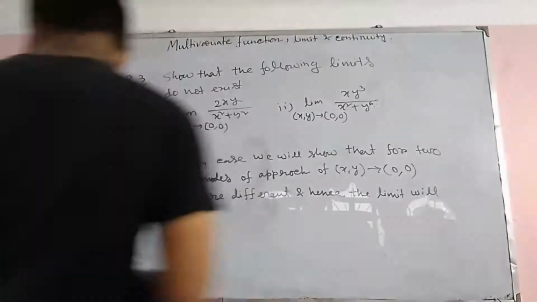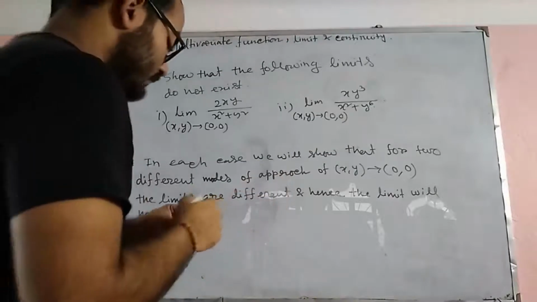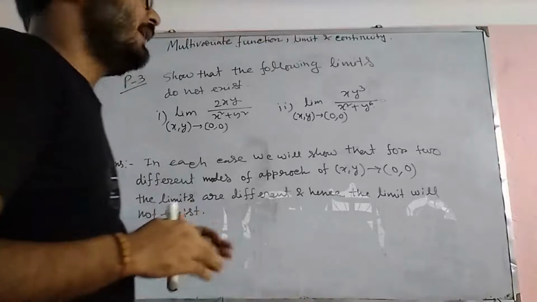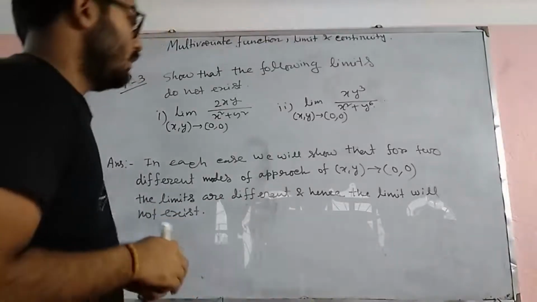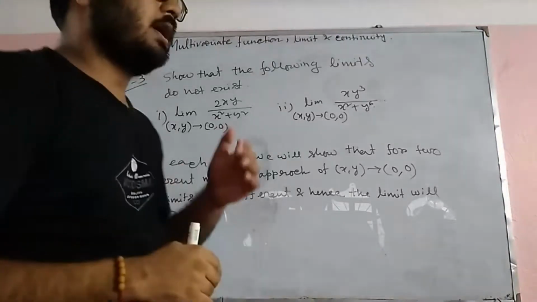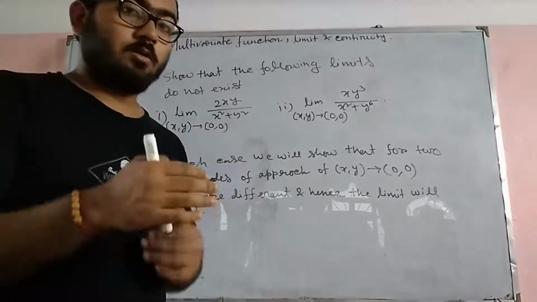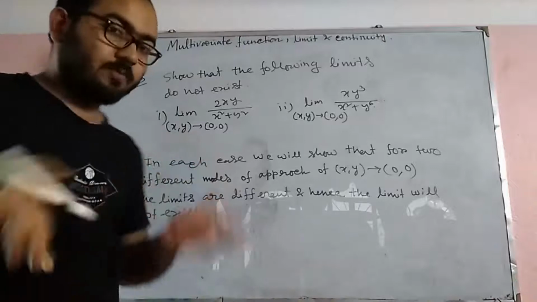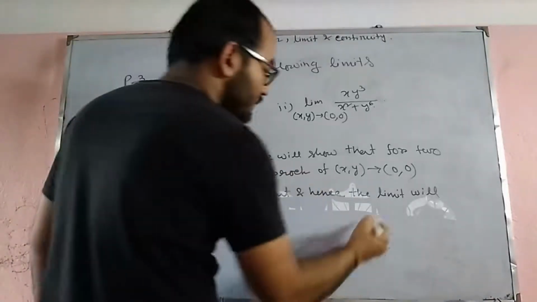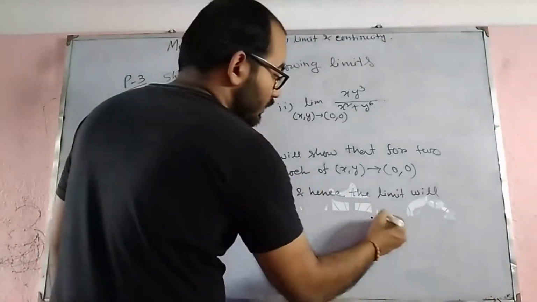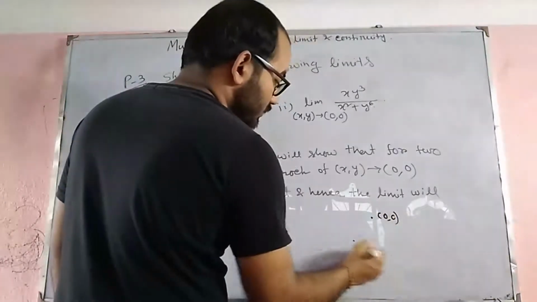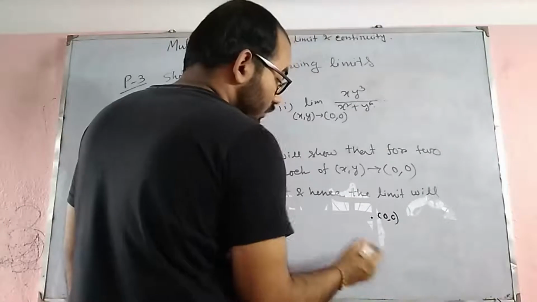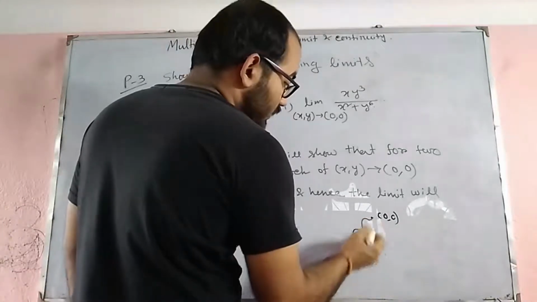See, in the definition of limit, I have said that we have to approach the point at which we have to estimate the limit of the function in various manner. Suppose this is our 0,0 and this is the arbitrary point. So we have to approach the point in various paths.